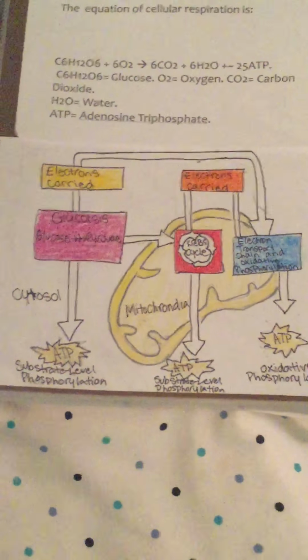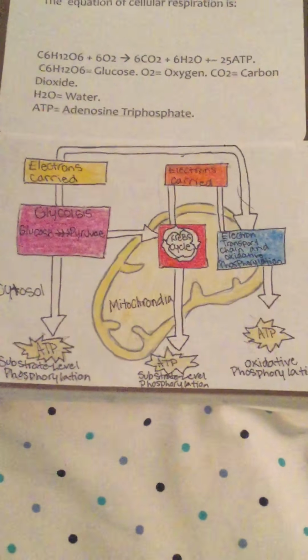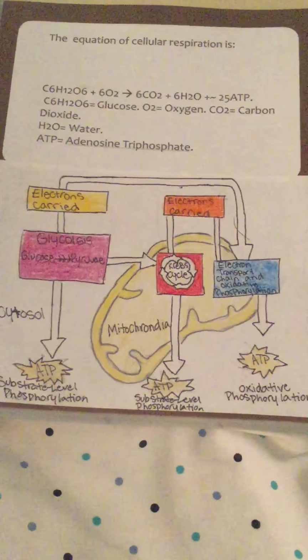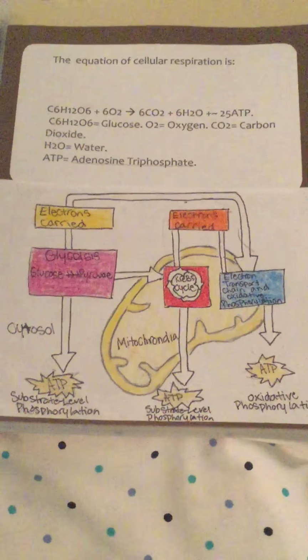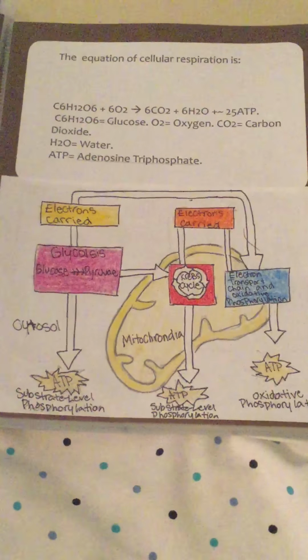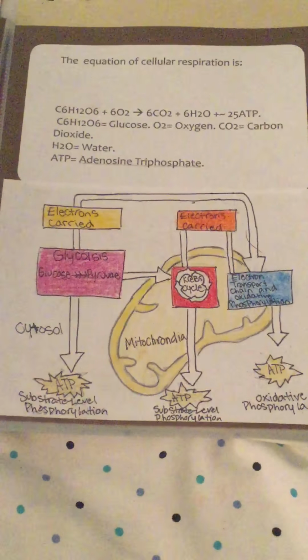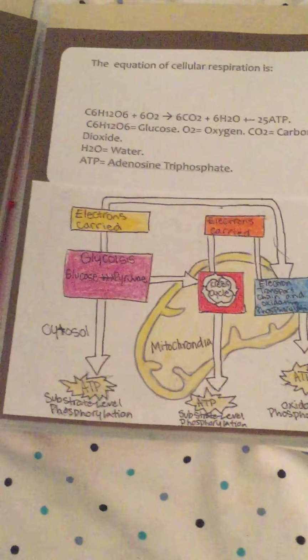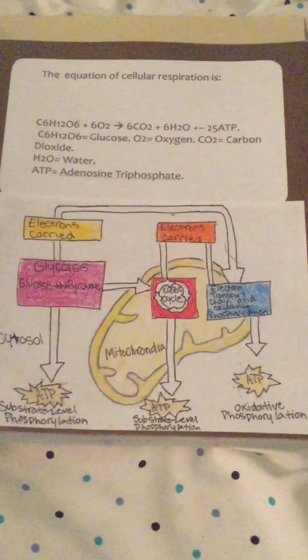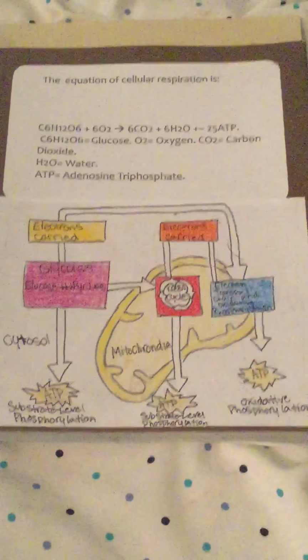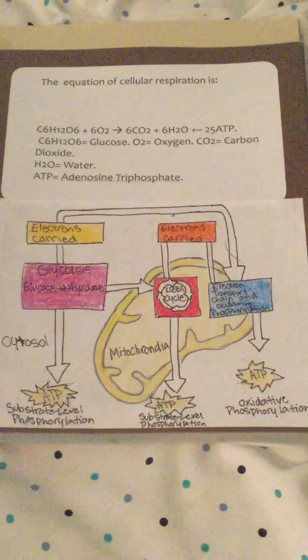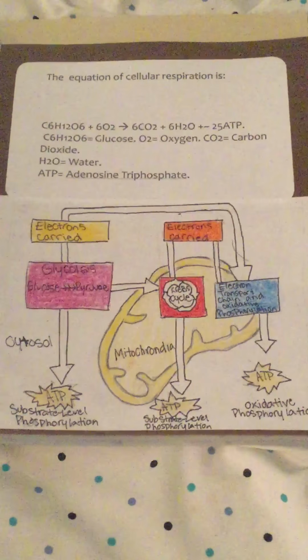The equation of cellular respiration is C6H12O6 plus 6O2 transforms into 6CO2 plus 6H2O plus 25 ATP. C6H12O6 equals glucose, O2 equals oxygen, CO2 equals carbon dioxide, H2O equals water, ATP equals adenosine triphosphate.